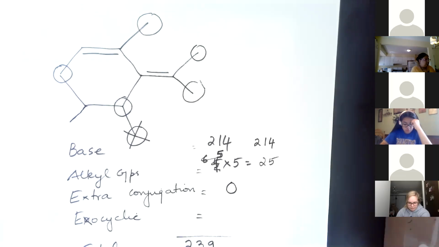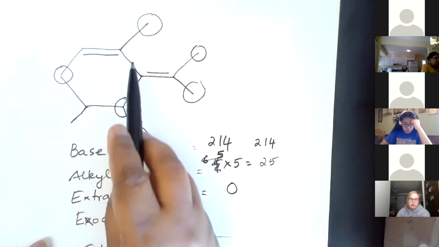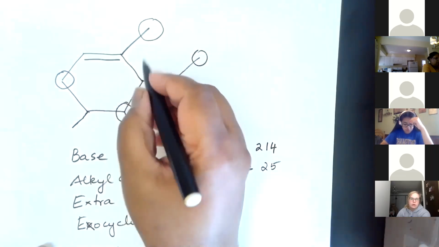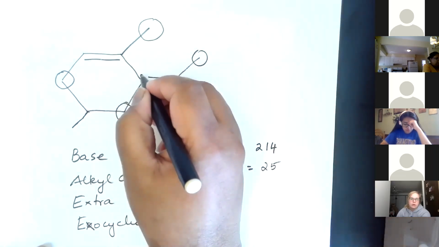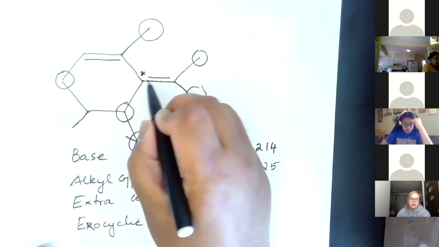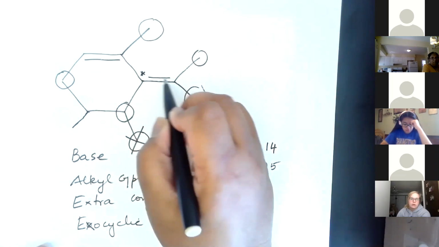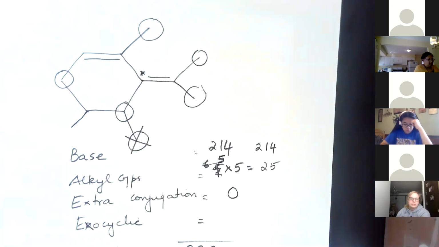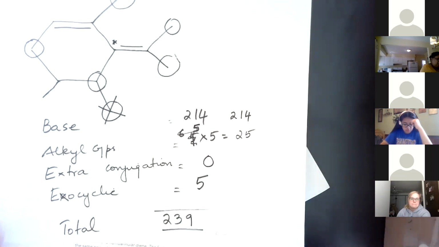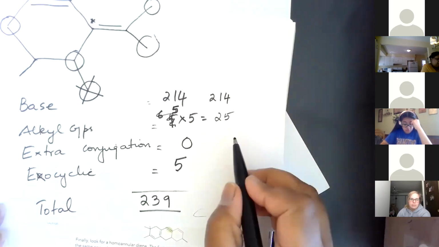Exocyclic. This is the ring. Now, attached to the ring, you have a double bond just outside of the ring. It's like somebody outside the gate. So that is 5. So what's the total that we have?